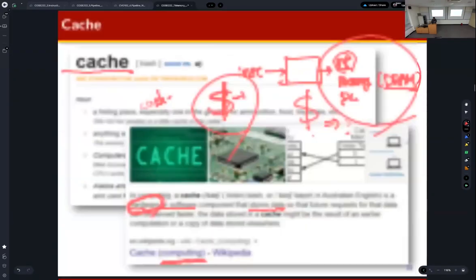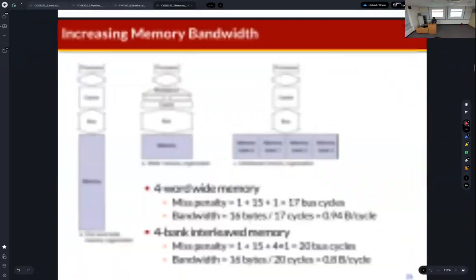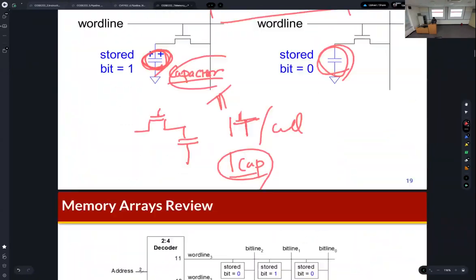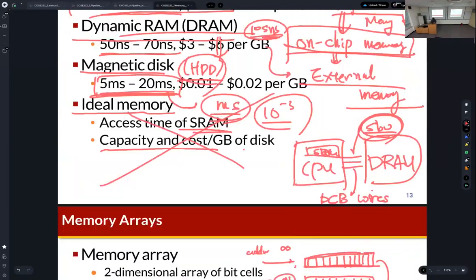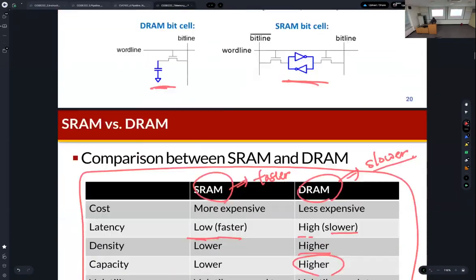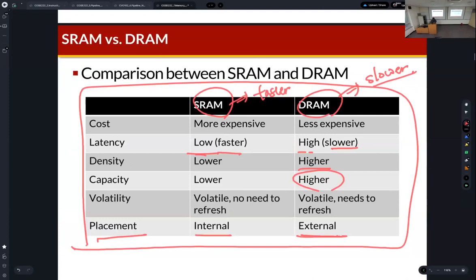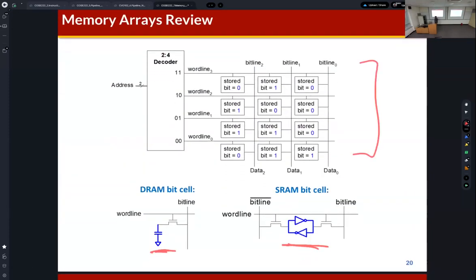You can understand it like this, right? Memory array, okay? So we can understand the memory like this.